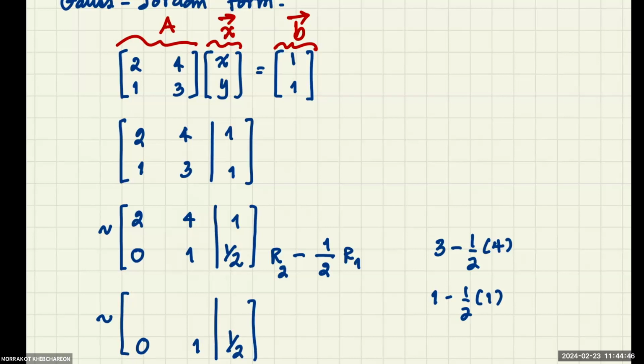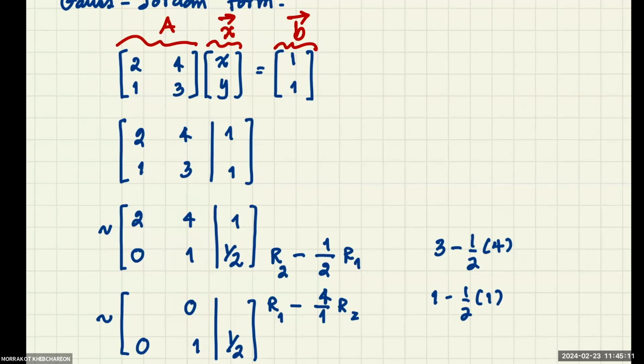If I want this to be 0, what would you do? R1 minus R2, actually divided by 1, right? And then multiply by 4, okay? So I get this one 0.